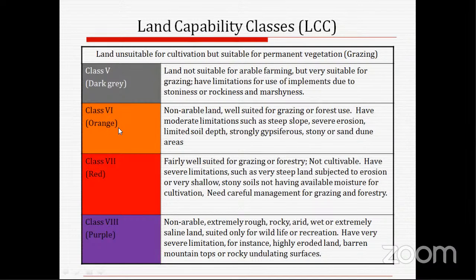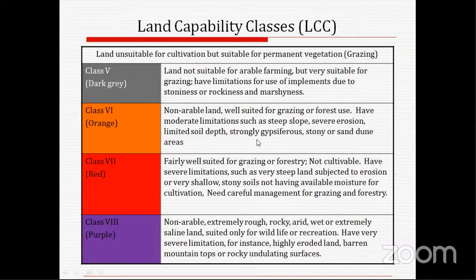Next, students, class 6, which is orange. This is also non-arable. We can't go for any cultivation, but it is well suited for forestry use also. Both grazing and forestry we can use, with some moderate limitations. Even though we can go for these purposes, there are limitations such as steep slope, severe erosion, limited soil depth, strongly gypsiferous, stony, and sand dunes.